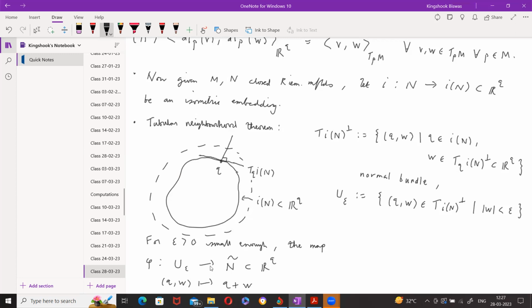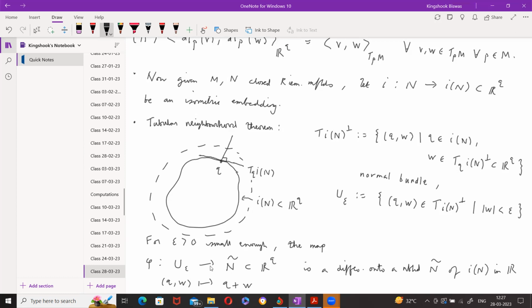So this map is a diffeomorphism onto a neighborhood N tilde of I of N in RQ.